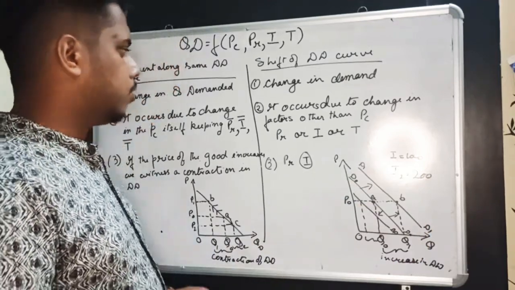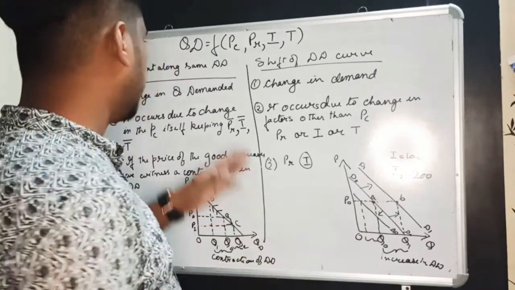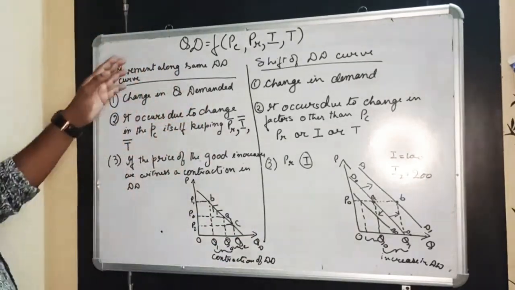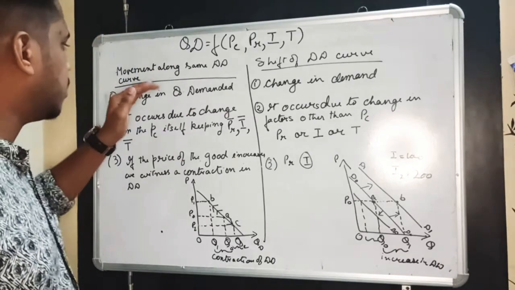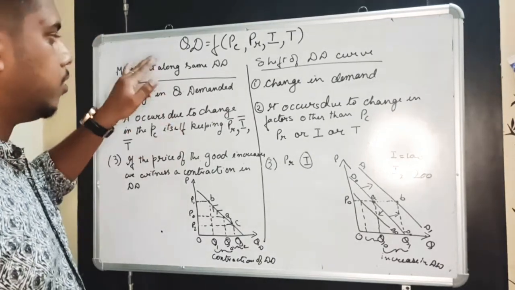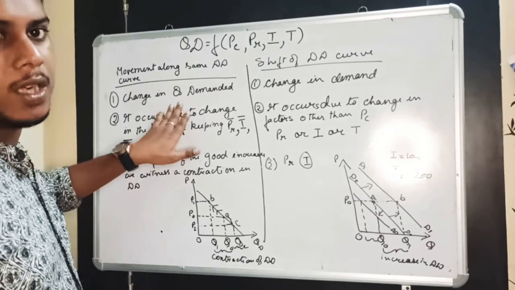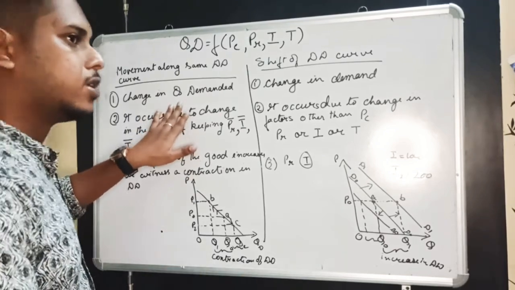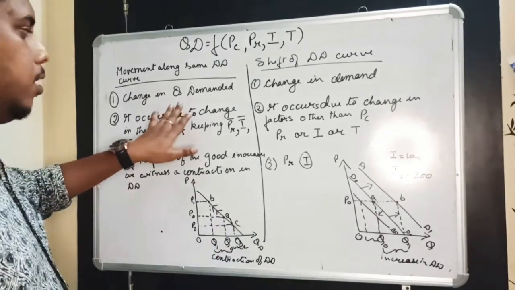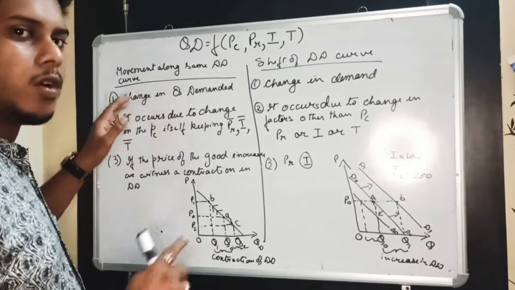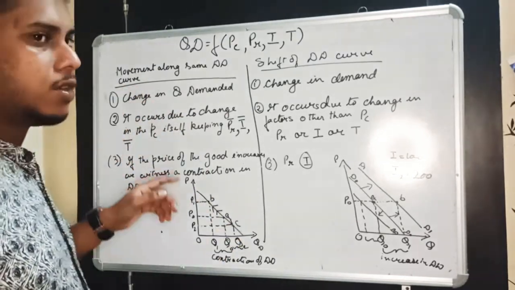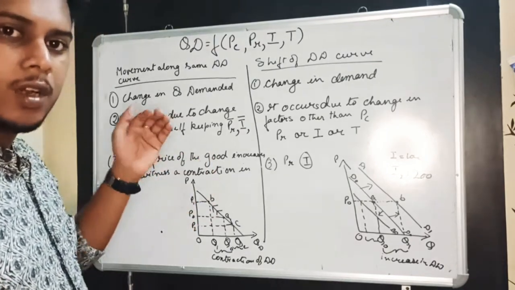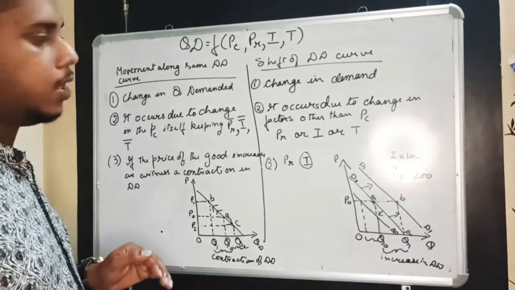Okay, so what have we witnessed? We have witnessed that the movement along the same demand curve is also known as change in the quantity demanded. Now this change in the quantity demanded can be of two types: contraction in demand and expansion in demand. Contraction in demand occurs due to rise in the price of the commodity itself, whereas expansion in demand occurs due to fall in the price of the commodity itself.